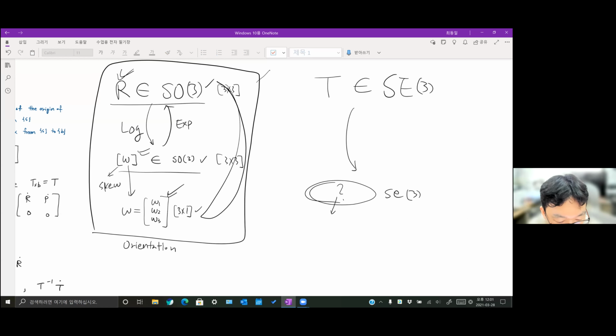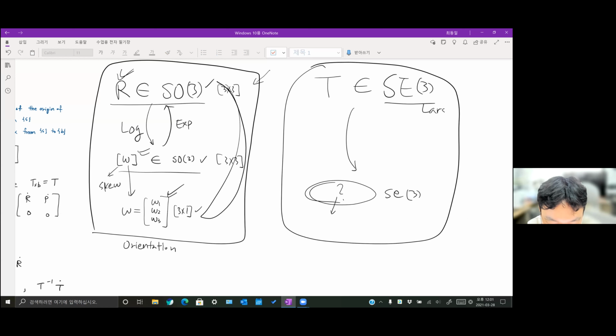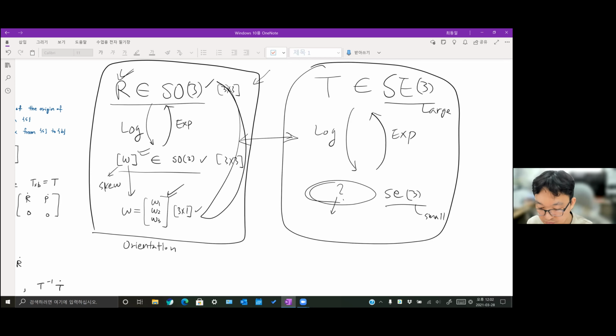Similar to SO3, in the case of SE3, there is a large SE3 and also a small SE3. So there is similarity between these two concepts. Here there is also log and exponential. That is what we learned last week.